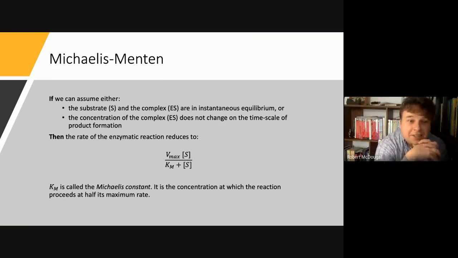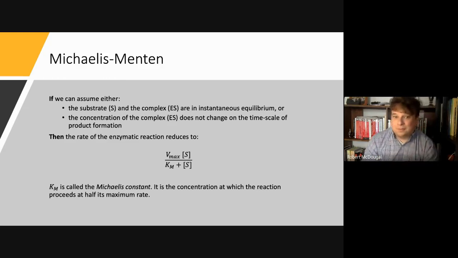And as the amount of substrate goes to infinity, it starts leveling off at Vmax. Km is what's known as the Michaelis constant. If you look at it, you'll see pretty quickly that if the concentration is equal to Km, then you have 2 times the concentration on the bottom, 1 of the concentrations on the top, you end up at half maximum. So the Michaelis constant is the concentration at which the rate is half maximal.